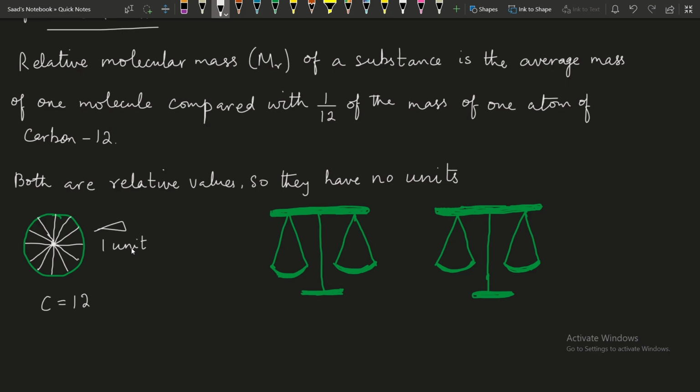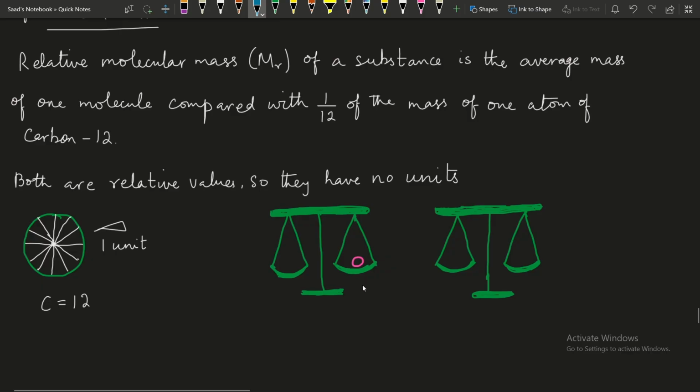All right. Now you can compare carbon with other elements. For example, if I put a carbon atom over here, just imagine we are balancing in a balance. This is one carbon atom.